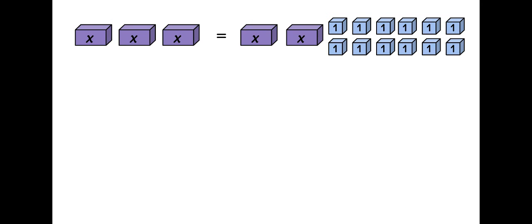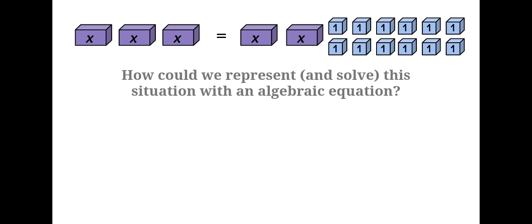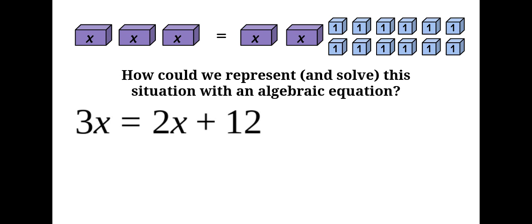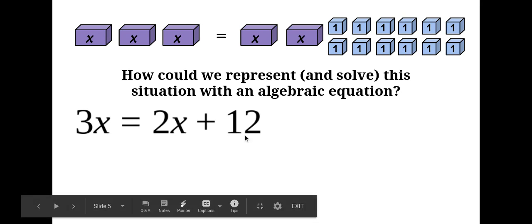Let's take a look at how this would be algebraically, okay? So on the left side, I have 3x, right, which comes from these three x boxes up here. So there's three of them, so we have 3x. On the right side here, we have 2x, and then there's 12 of these one boxes, so we're just going to call that 12. It's a constant, okay?